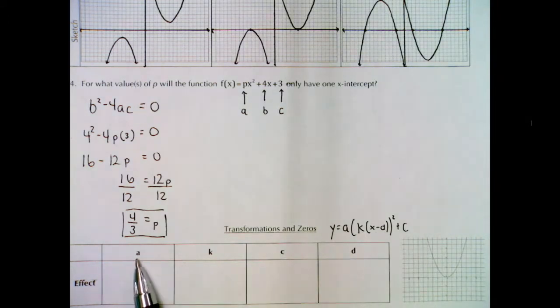Well, A can stretch or compress, and if we have this graph, if we stretch it or compress it, it's not going to change the fact that we only have one zero. In fact, if we reflect it upside down, it's also not going to change the fact that we only have one zero. Where A does have an effect is if we've shifted the graph up first.